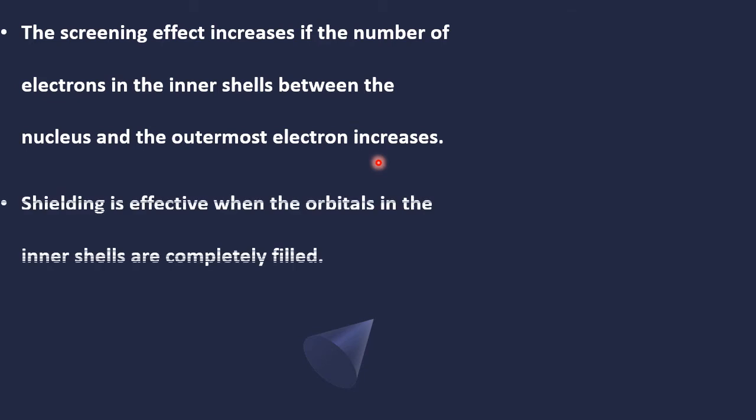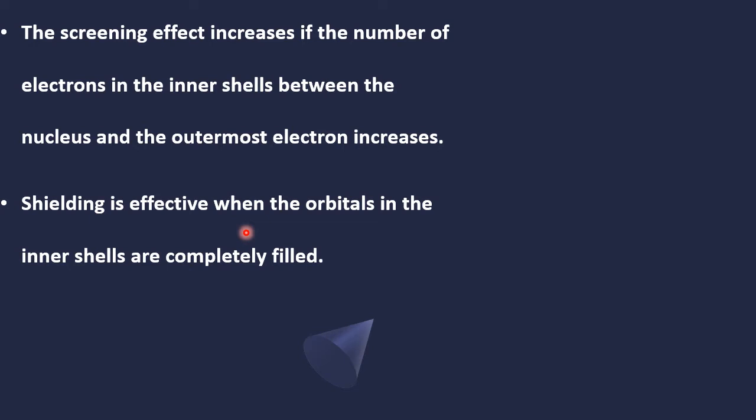Second important point is shielding is effective when the orbitals in the inner shells are completely filled. This is the most important point. Before the valence electron, if the inner electron number is more, plus one more condition: if the inner electronic configuration is completely filled, then it is more shielding, and it is easy to remove the electron.